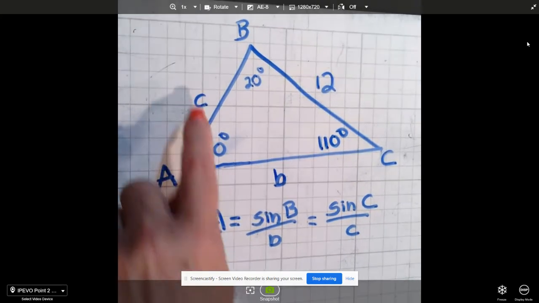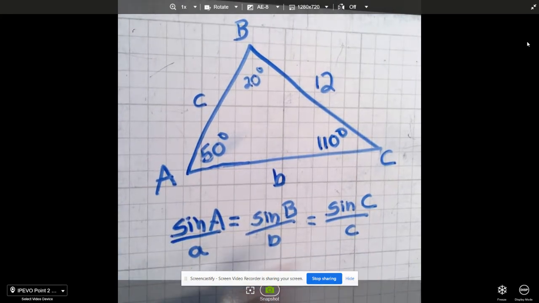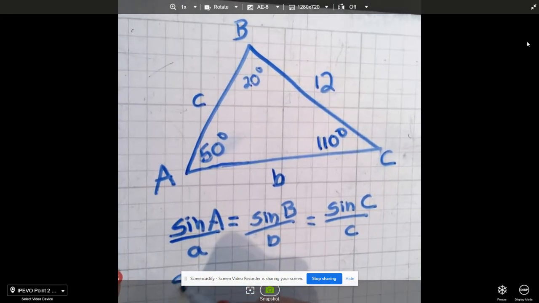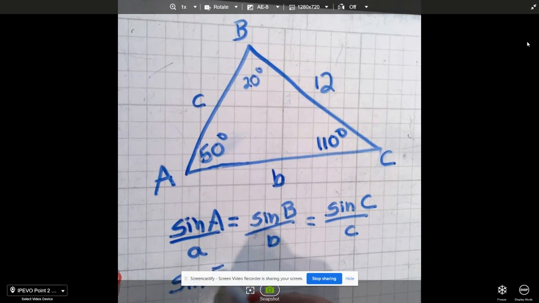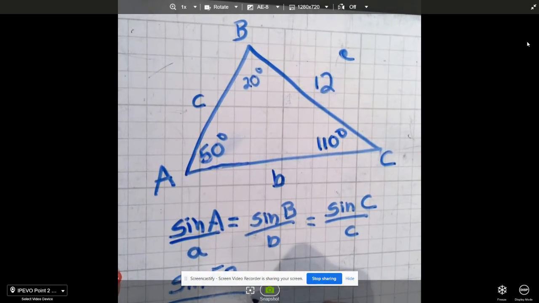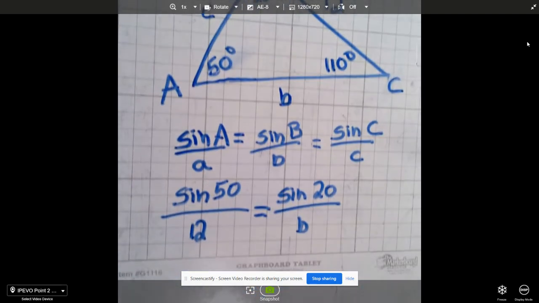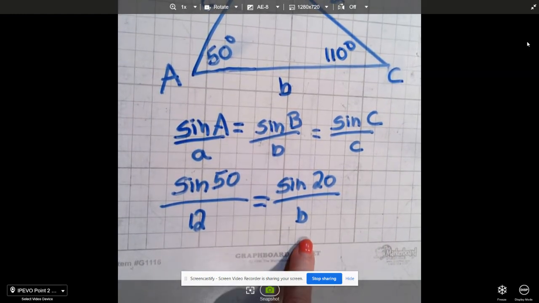And so now if I wanted to find side C and side B, I can use this ratio. So I can say the sine of 50 degrees over side A, which we said was 12, equals the sine of 20 degrees over side B. So now I have a ratio where I only have one variable.